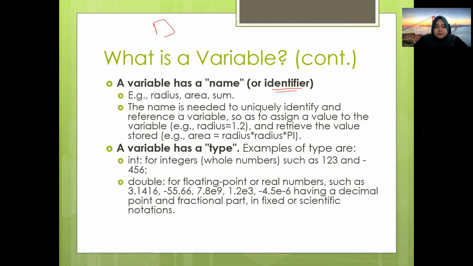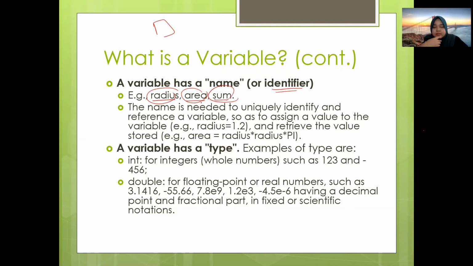A variable has a name. Contoh, we need to store the radius, value of radius. So kita namakan dia sebagai radius. Kalau kita nak simpan area, sum. Tu maksudnya inilah dia identifier of the variable. Okay, kadang-kadang kita panggil ni sebagai variable.